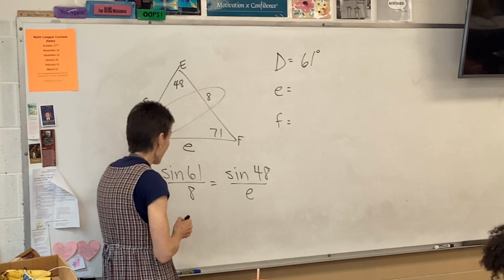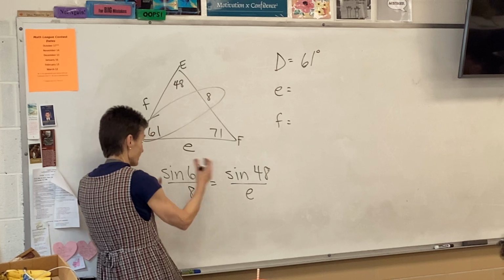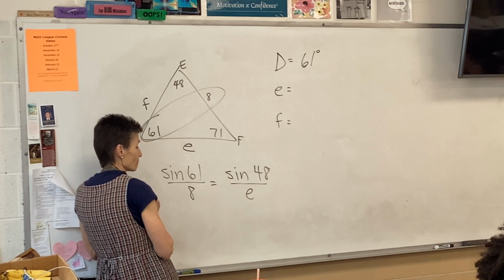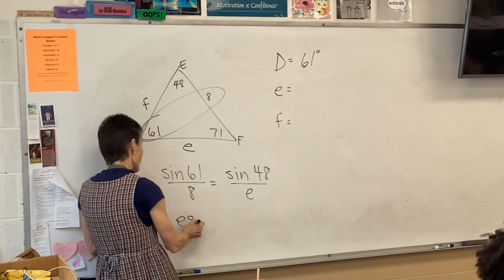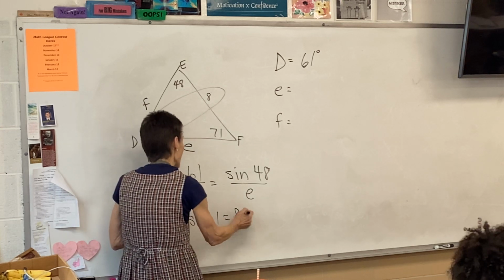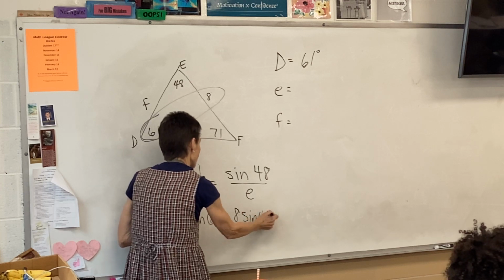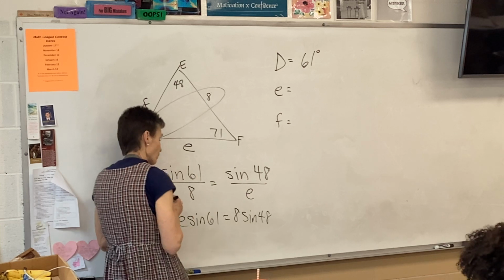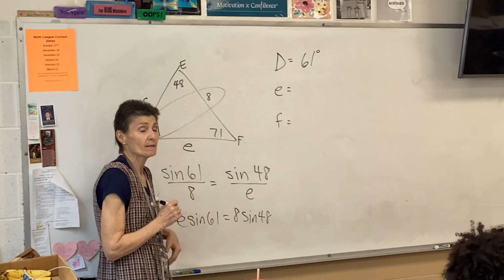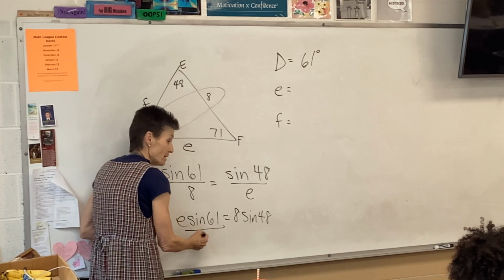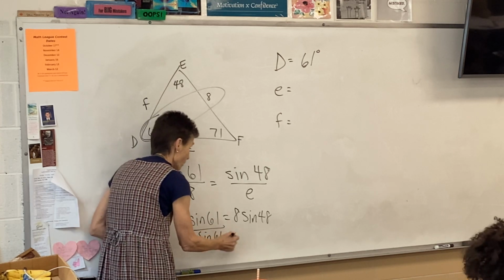Alright, so now what do I do next? I got my law of sines all set up beautifully. Now what am I going to do? Cross multiply. So E sine 61 equals 8 sine 48. E times sine 61 equals 8 times sine 48. And then remembering that I'm solving for E, I'm going to divide by sine 61.